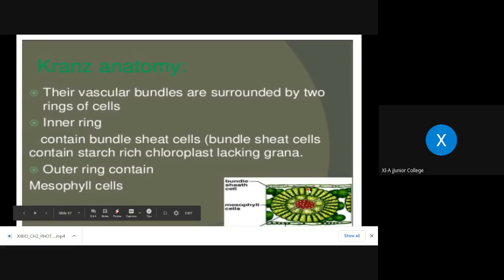Though small in size, the number of grana is more in the mesophyll cells. So the photosynthetic pigments, which are in the grana, are more in number in these mesophyll cells. Up to this, I hope you have understood.